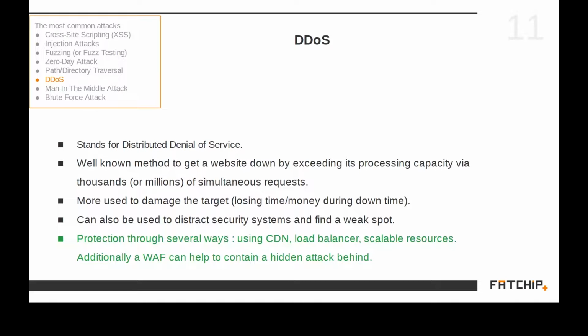So to protect from this on the performance side, using CDNs or scalable load balancer resources can help reduce those peaks and downtime when it happens. And an application firewall next to it can detect the other attacks that could happen at the same time.